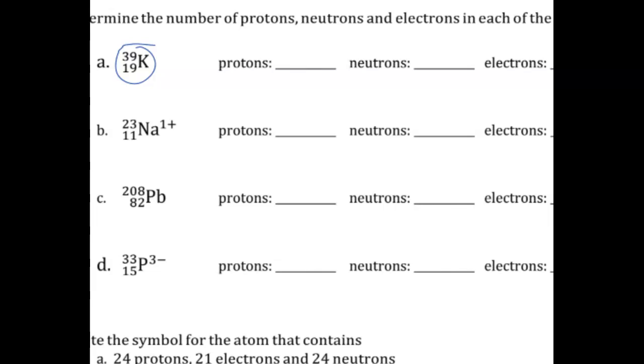There's the 19 and the 39. And that 19 is called the atomic number. And the atomic number tells us the number of protons in an atom. So the number of protons is 19.